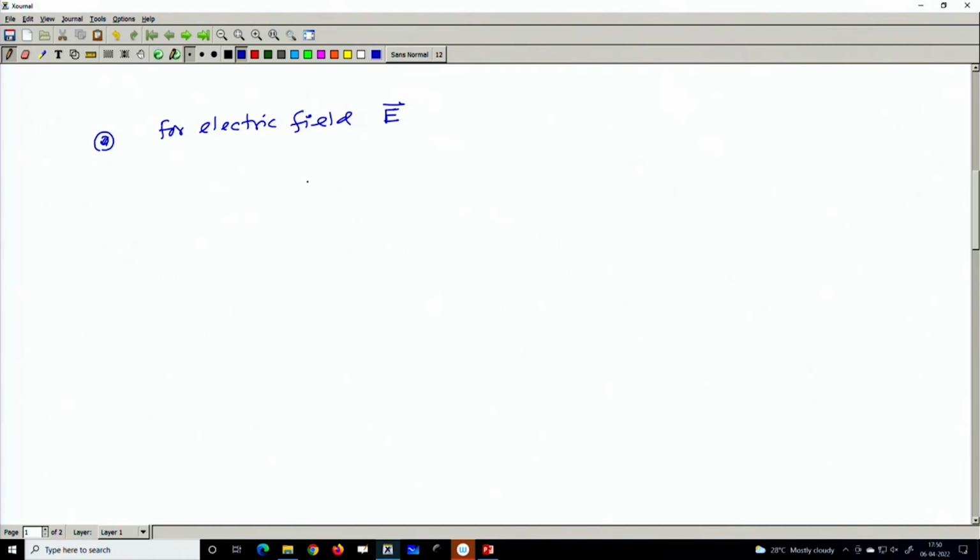Even though I did not cover this part, let us consider that you know it: the divergence of E is rho by epsilon 0, where rho is the charge density, and the curl of E, suppose we know, is 0. So, this is known.